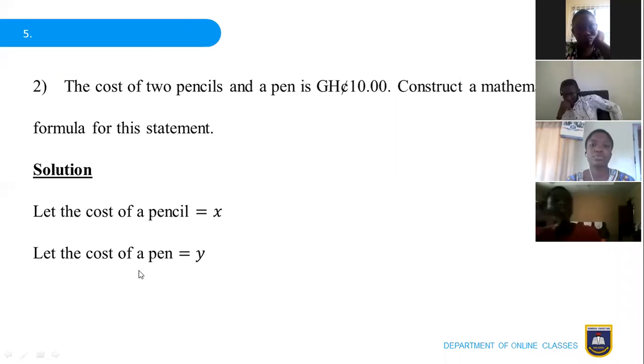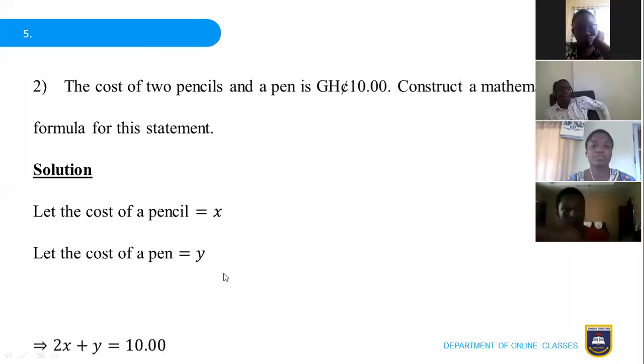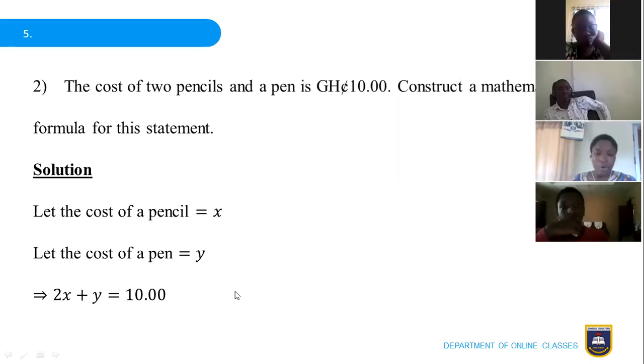And then the cost of a pen is 1, so this is also represented by Y. So if you put all together, then your final solution will now be 2X plus Y equal to 10, which is what the question demands from you. I hope this is clear to everyone.